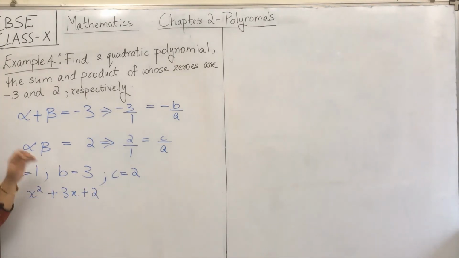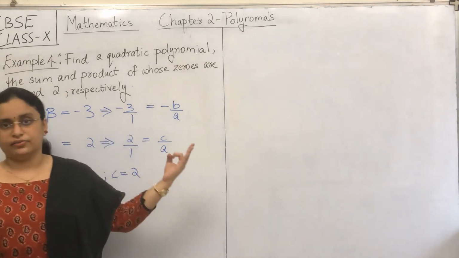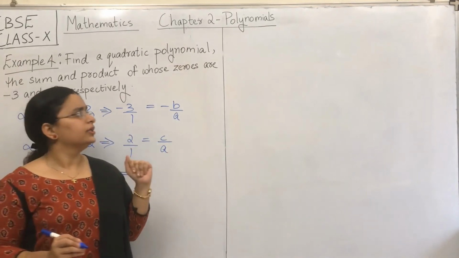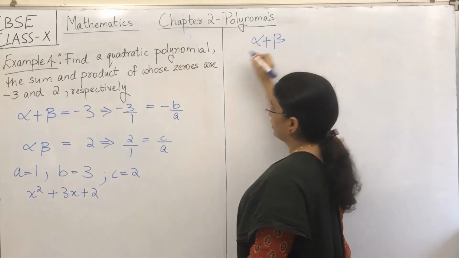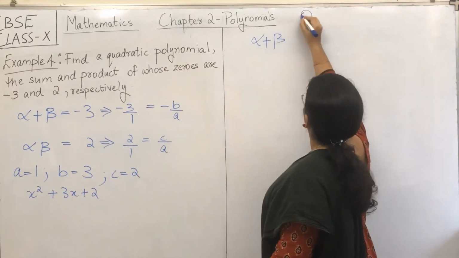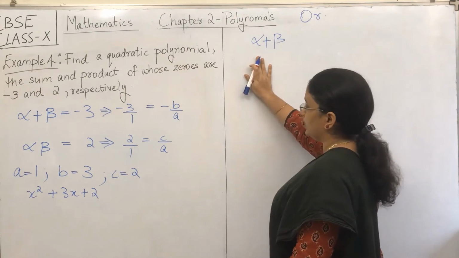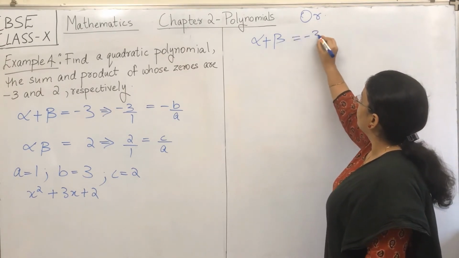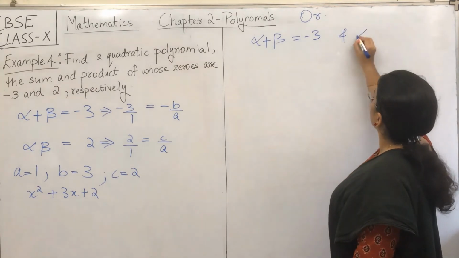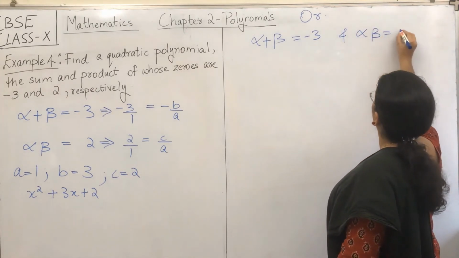We can do the same problem in an easier way. This is another method. We know alpha plus beta equals minus 3 and alpha beta equals 2.